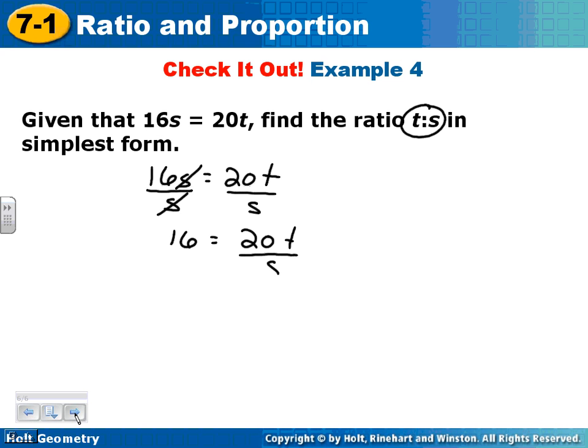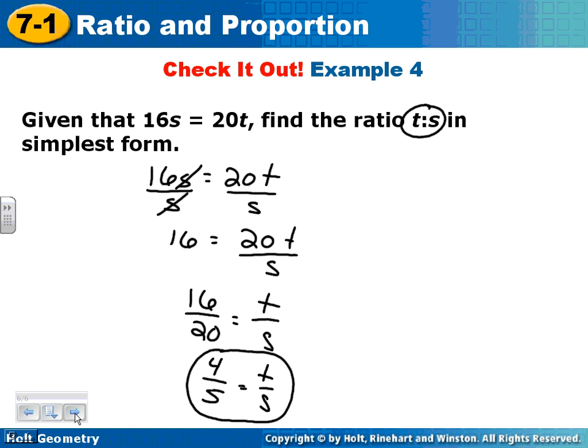I want my s on the bottom. And then divide by 20, which gives me 16 over 20 equals t over s. But I have to reduce that. Divide by 4. So 4 over 5 is t over s. And that would be my answer. That's how you do those.